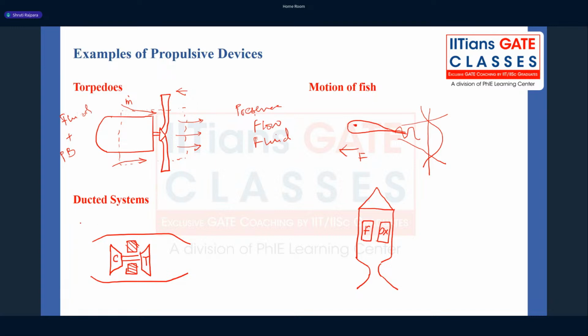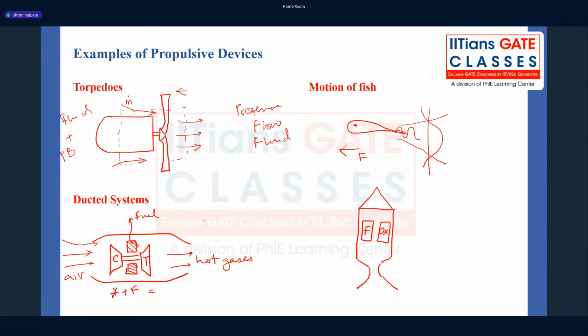Similarly, for the ducted system, the air that is taken in plus the fuel that you provide in a combustion chamber, when the air plus fuel burns, it produces hot gases which come out of the system. So we are taking in some of the mass, we are adding some of the mass here, and there is the ejection of the entire mass of the system.